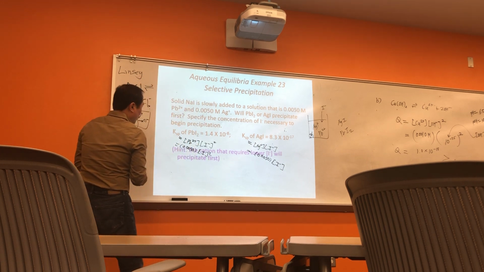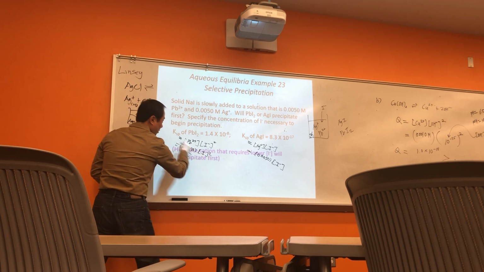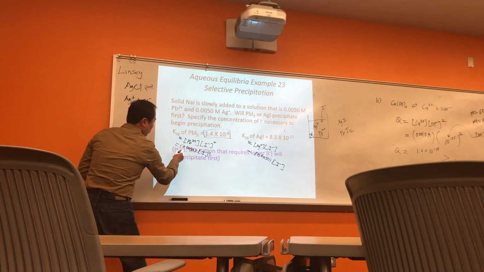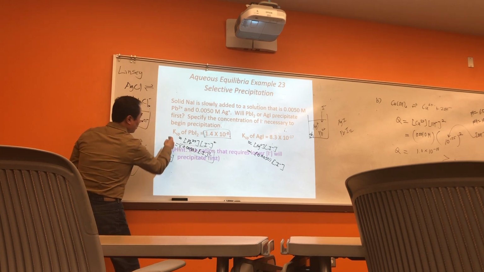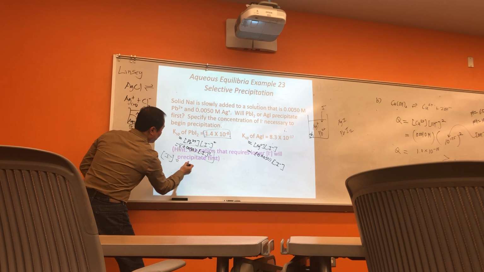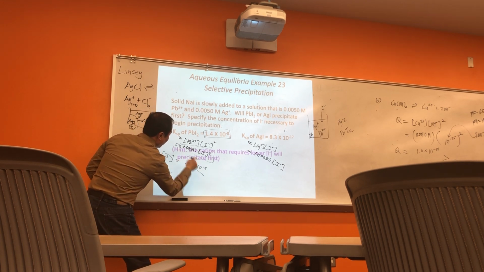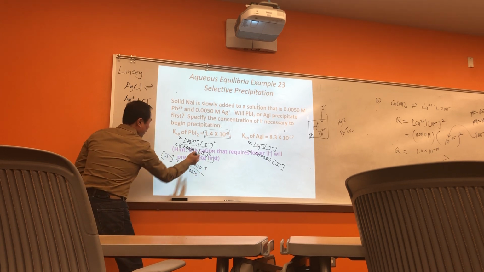So you can set up an equation to solve for I minus here. So you use this number that equals that. So I minus concentration for PbI2 is 1.4 times 10 to the minus 8 divided by this number, inside a square root.